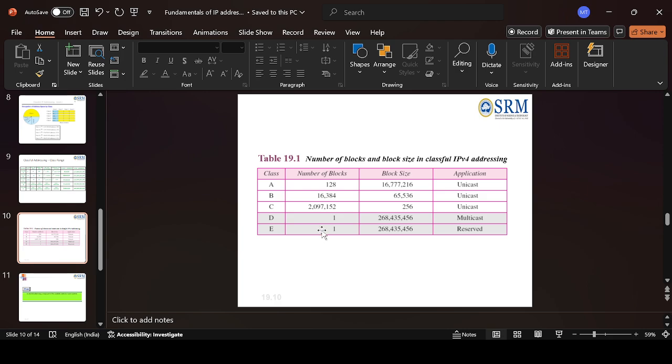And the block size for the host part will be these values. And for what application it is used: class A is used for unicast, class B again unicast, class C again unicast, whereas class D is used for multicast and class E is not at all used and it is reserved for future use.